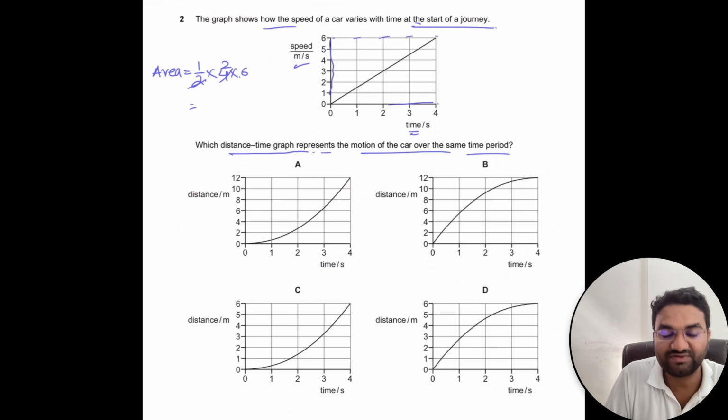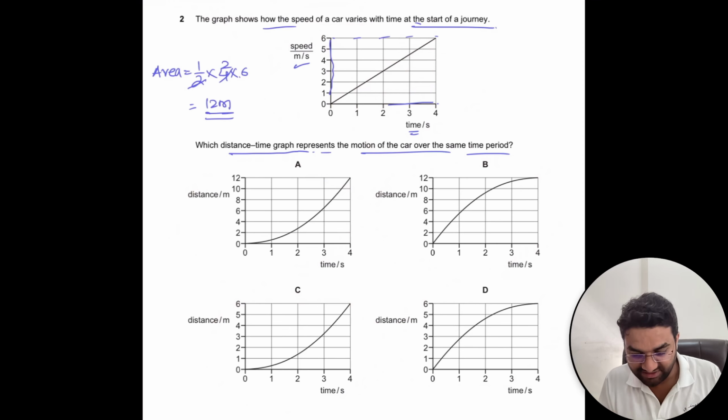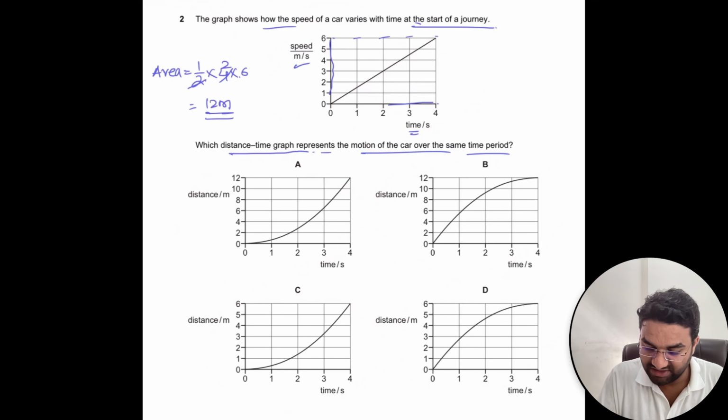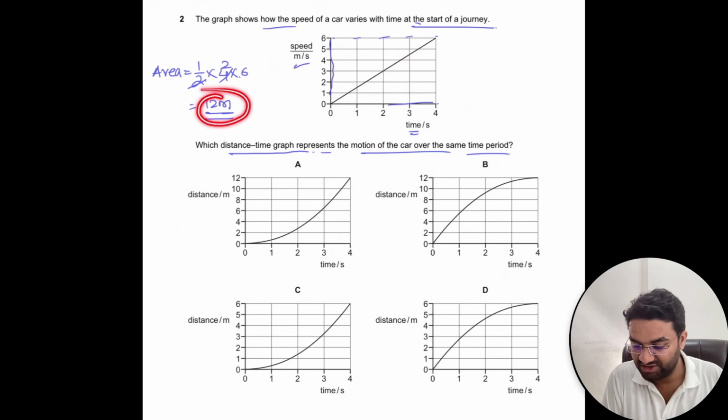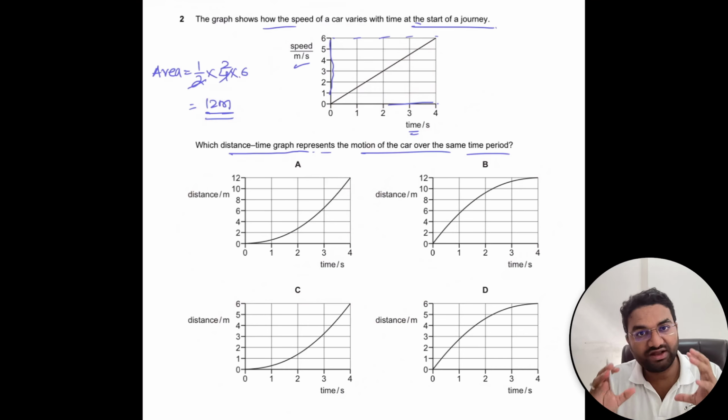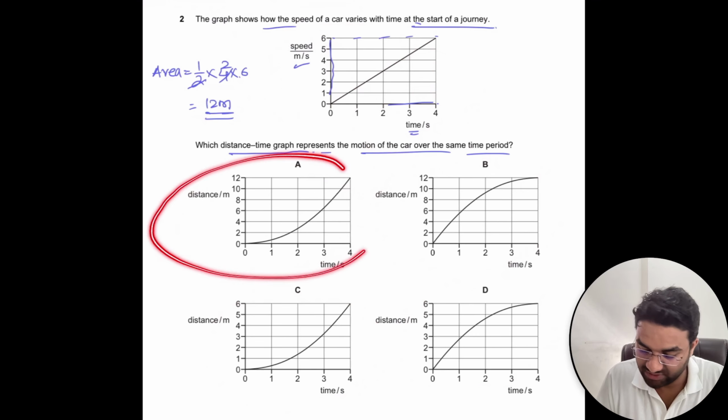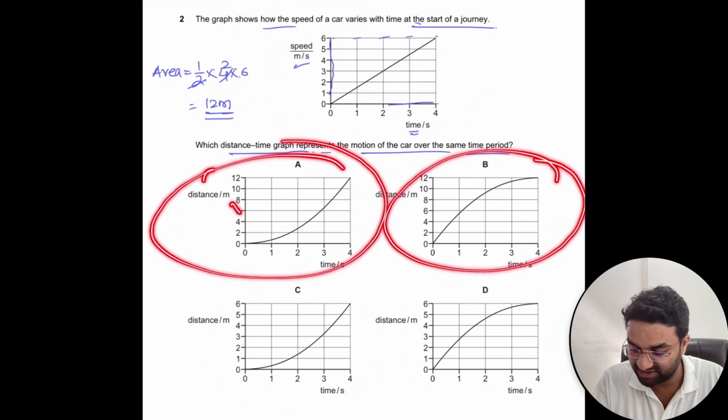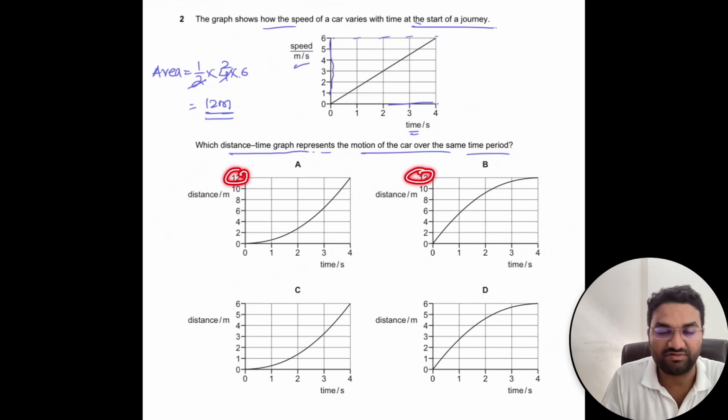So 1/2 times 4 is 2, and 2 times 6 is 12 meter, which is the actual distance traveled. Now the total distance traveled is 12 meter, and we have to check in which graph the distance traveled is 12. If you look at it, we have two graphs which represent the distance traveled of 12 meter.